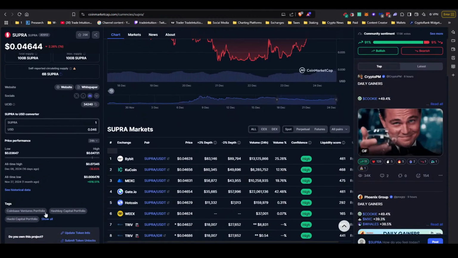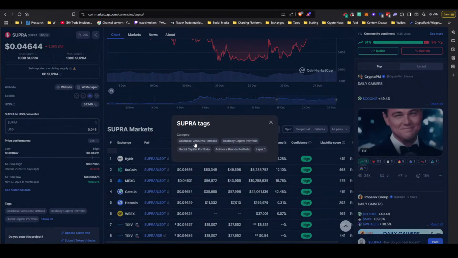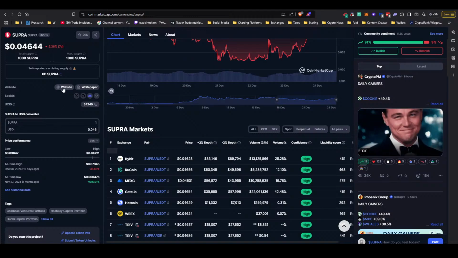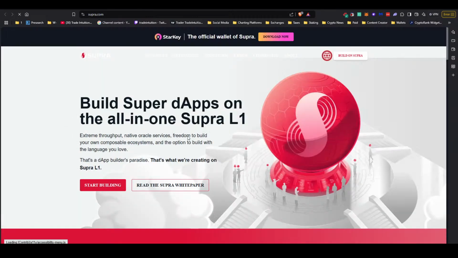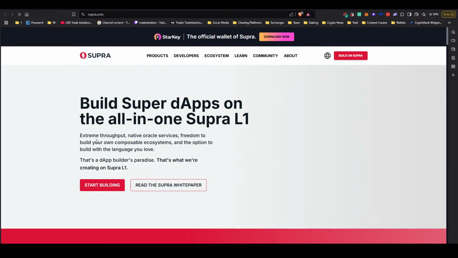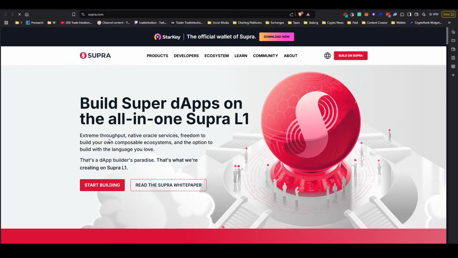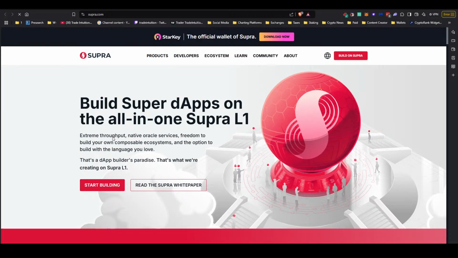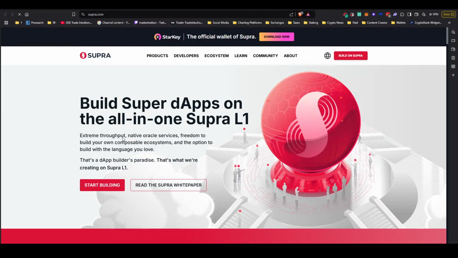Let's go here, Coinbase Ventures, Layer 1. Let's go to their website really quick. Build super dApps on all-in-one Supra Layer 1. Extreme throughput. I don't know how to say that word. Throughput. I'm not a good reader, but I'm a good charter.